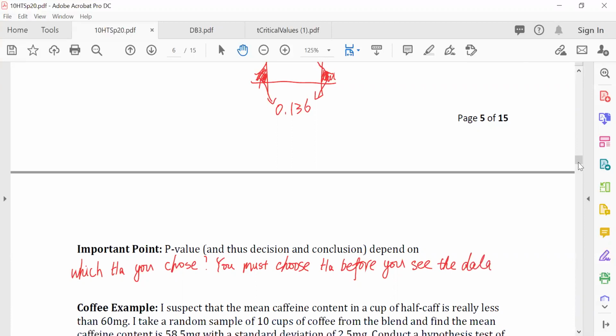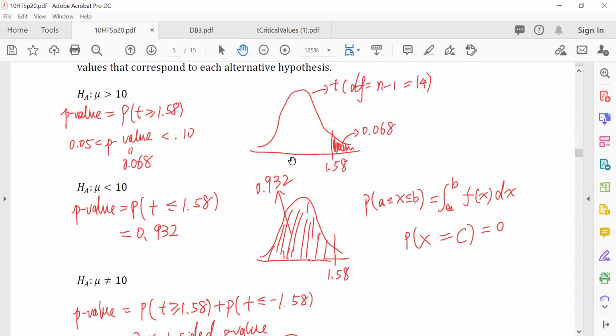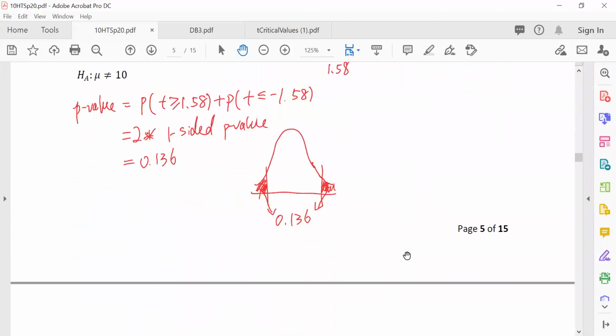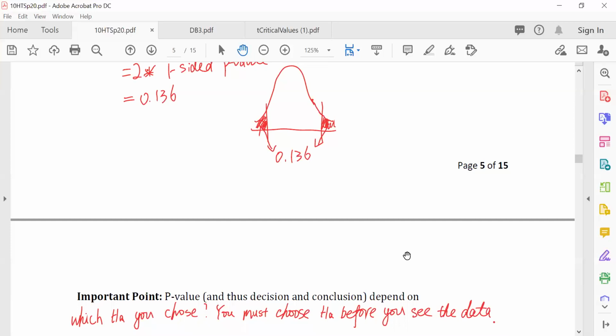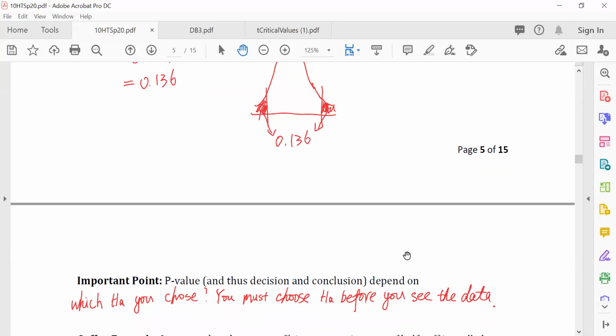You can't calculate it and then find out what your test statistic is. Then you try to see which p-value will be more favorable to you. Then you will decide which alternative hypothesis I want to use. That's not right. You are playing the data. You should decide what your alternative hypothesis is before you see the data.